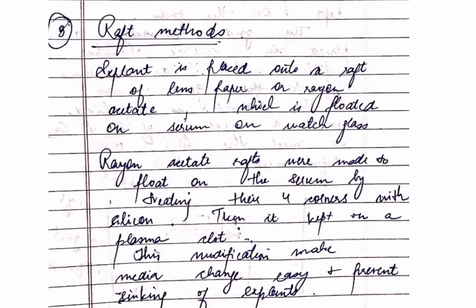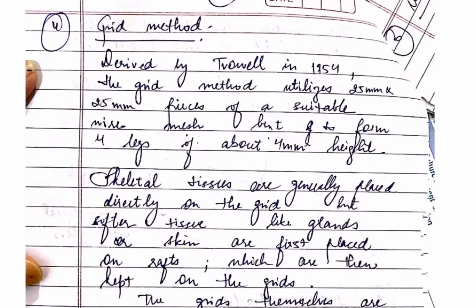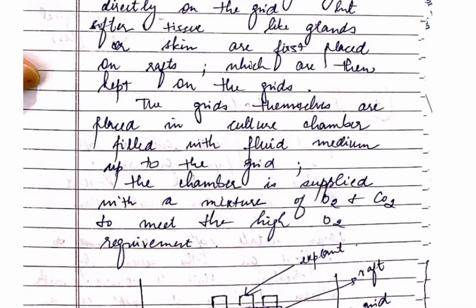The next method is grid method. As the name tells, it involves the use of stainless steel sheet in the form of a grid, on which the tissue of interest is placed in a culture chamber containing fluid medium.